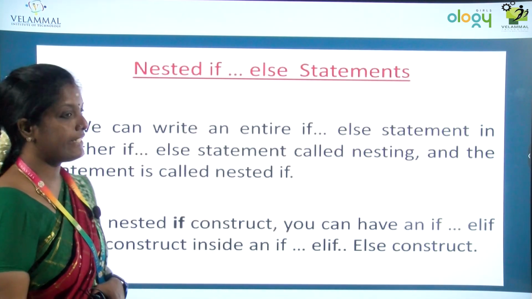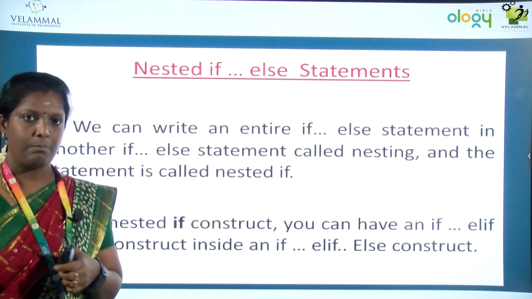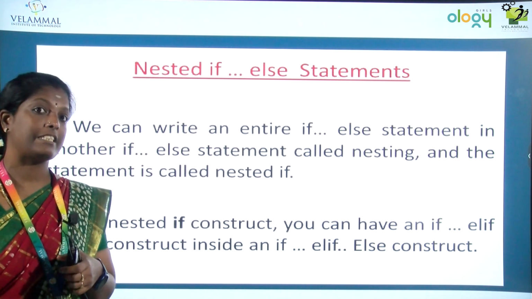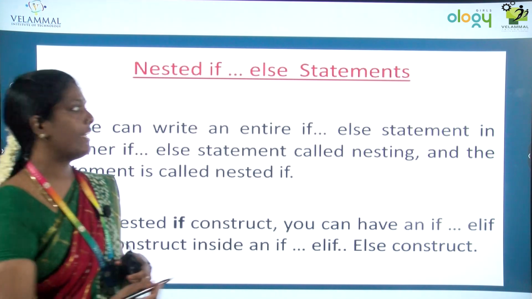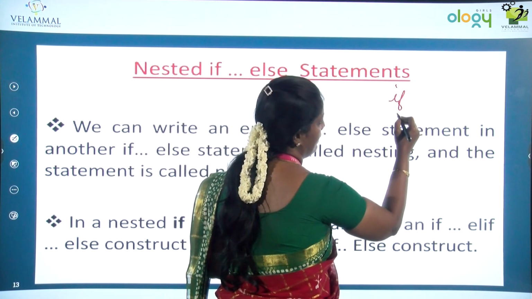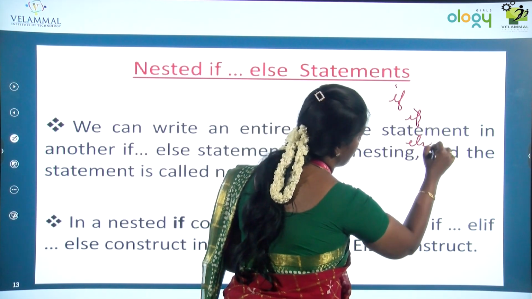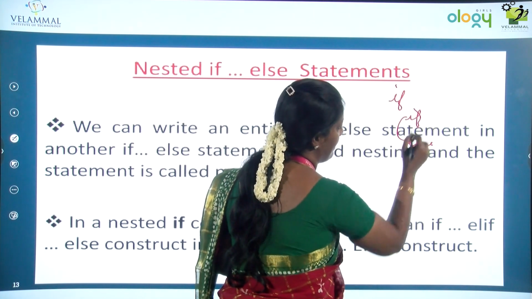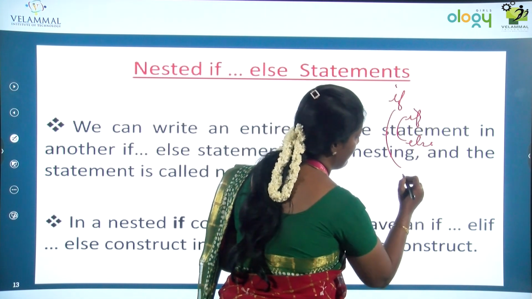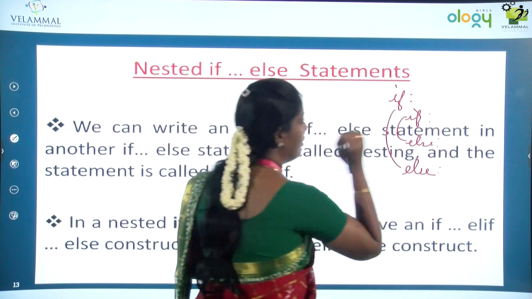Next is nested if. Nested if is nothing but you have the if statement, then more than one if statement can be used inside and inside, like nested. You say if, then again another if, and then one else. This if-else statement has an else statement, and then this statement has an else statement.